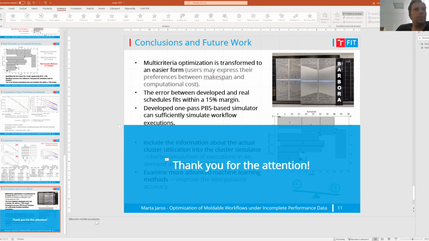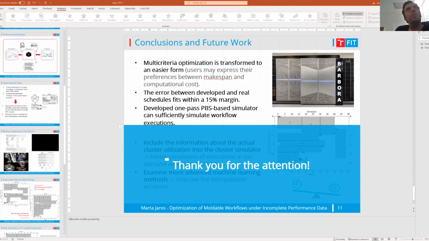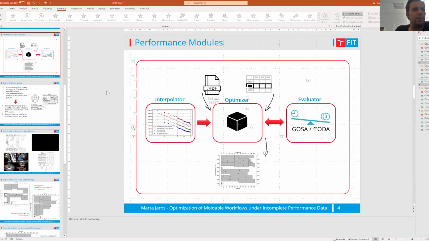So my question is, if I may, the point of the simulator is to evaluate what is the impact of you changing the parameters of the tasks, because the title is Moldable workflows.